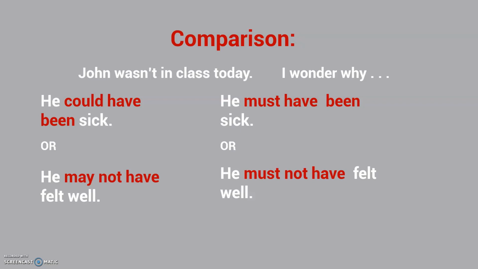The structure is the same, but in the second sentences, we are more certain about it. So remember, could, may, and might are for possibilities in the past. And then must is also a possibility, but it is stronger. So remember that.